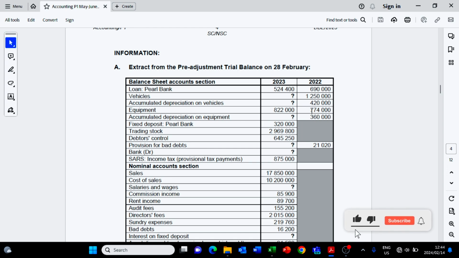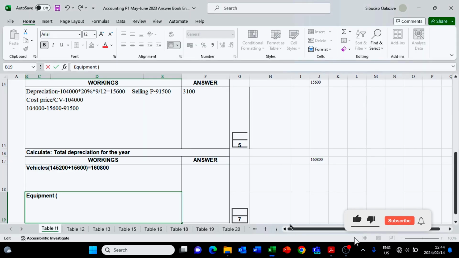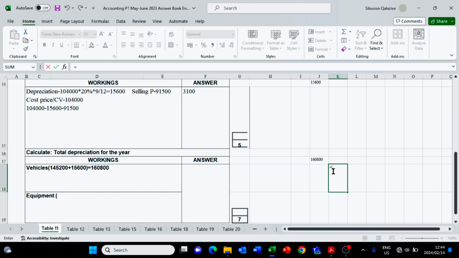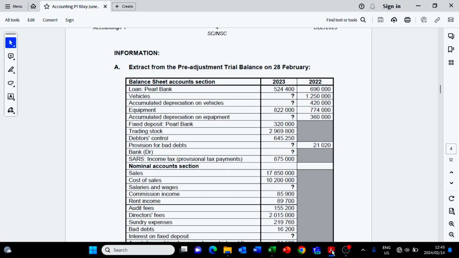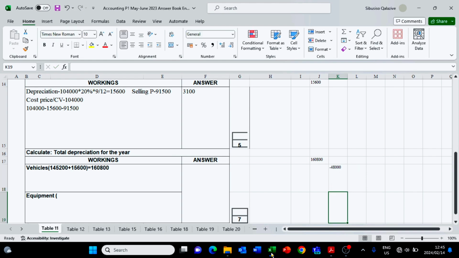So we are going to say 822,000 minus 774,000 rands, which is going to give us 48,000.